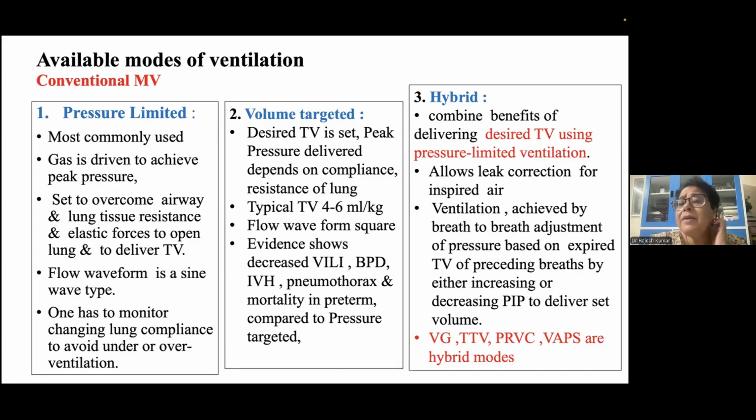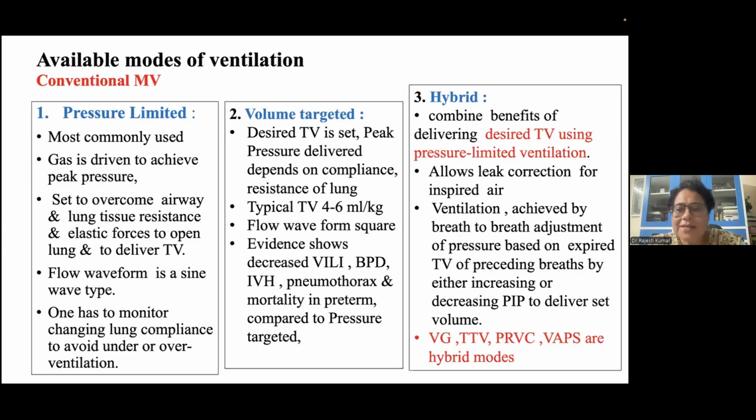Now, the hybrid modes have the combined benefit of delivering the desired tidal volume using pressure-limited ventilation, and they also allow for leak correction for inspired air. Ventilation is achieved by breath-to-breath adjustment of pressure based on the expired tidal volume of preceding breaths, by either increasing or decreasing the PIP to deliver the set volume.